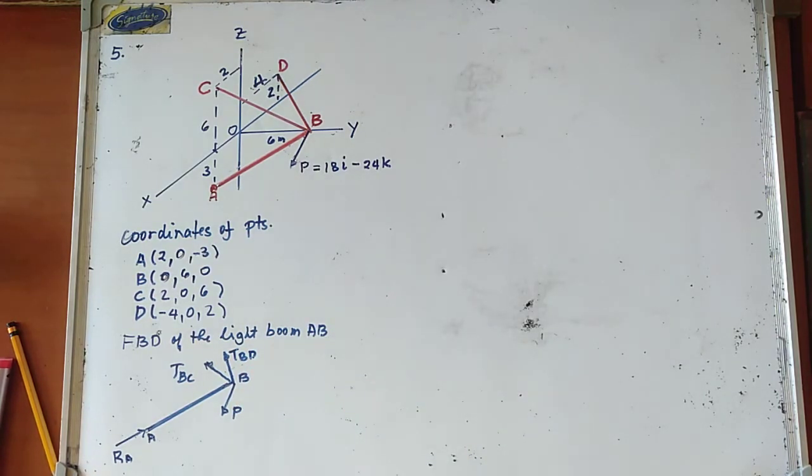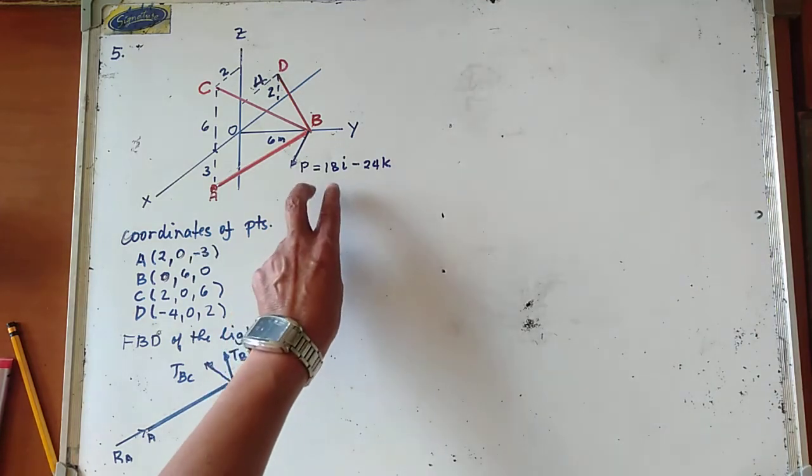Okay, so this is now the free body diagram of boom AB. Now, let us express TBC, TBD, and RA in Cartesian vector form.